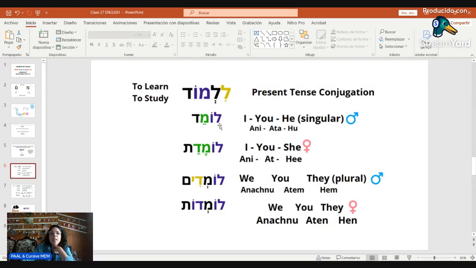We read: hu lomed, hi lomedet, hem lomdim, hen lomdot.